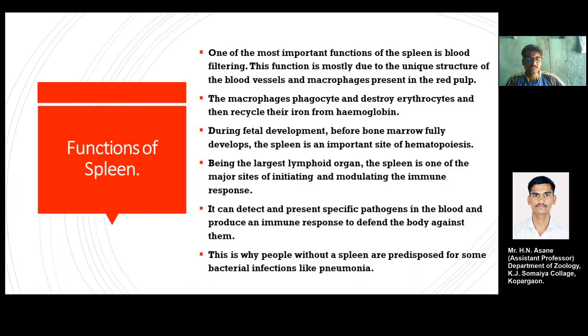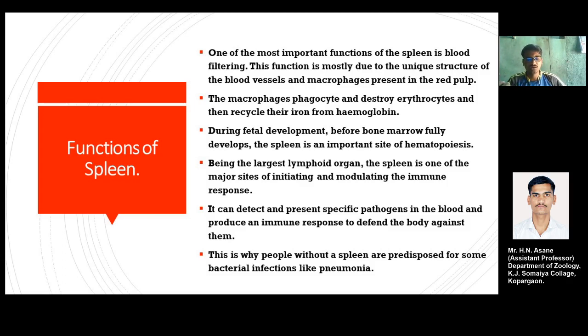In some mammals, it serves as a reservoir of the erythrocytes and the blood. So it serves as a reservoir, storing the erythrocytes after the completion of the life of the RBC.